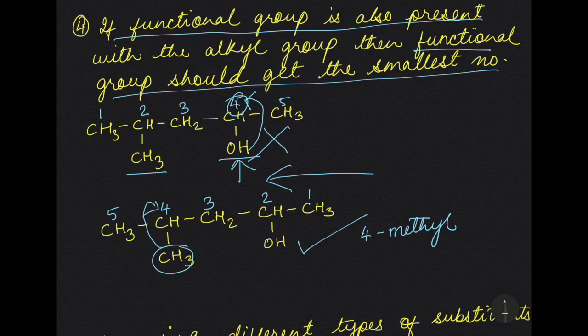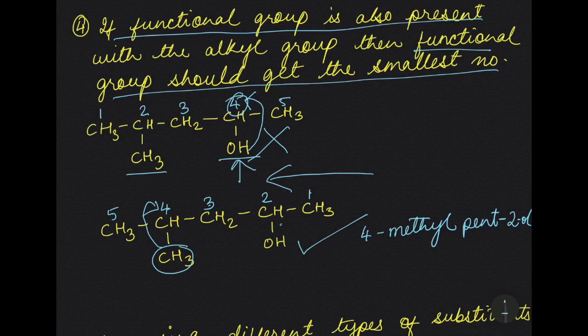Okay, then how many carbon atoms are there? 5. So it is pent. Okay, and the alcohol is attached to the second carbon, that is 2-ol, alcohol.